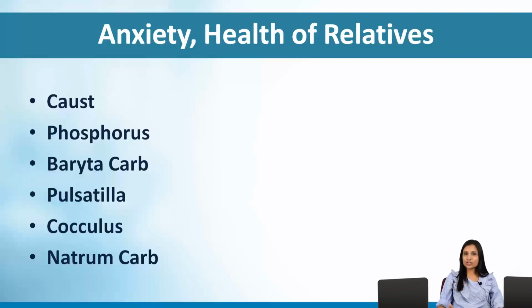If you look at Causticum, there is a sympathy in Causticum, but it is more of, I wouldn't call it a selfish form, but they are more practical people. Causticum is more of a dominating person. The sympathy comes from the fact that they have a very strong sense of family.